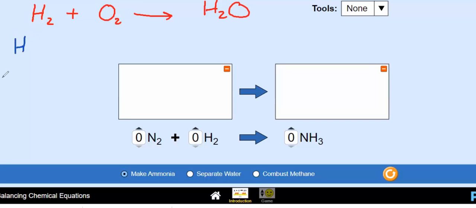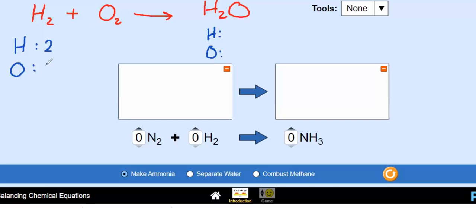We have hydrogen and oxygen. And on the right-hand side, we have the same two elements. We have also hydrogen and we have oxygen, right? Now the question is, how many hydrogen do we have on each side and how many oxygen do we have on each side? If they are equal, then the equation is balanced. Now you can see here we have only two hydrogen. Okay, so we have only two hydrogen.